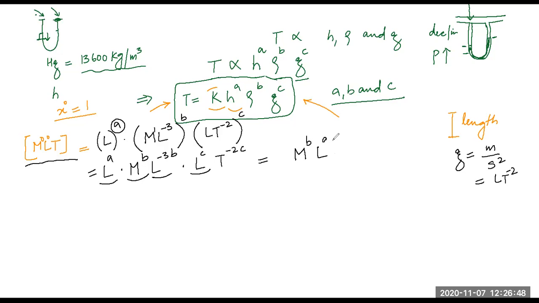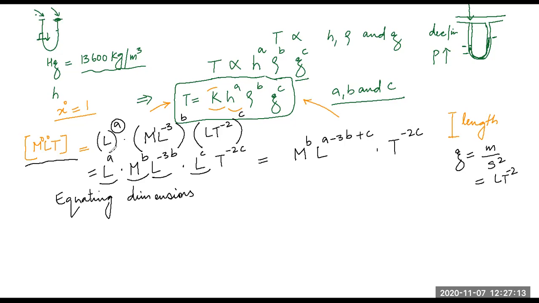L raised to power A minus 3B plus C, into T raised to power minus 2C. Now we will write equating dimensions.